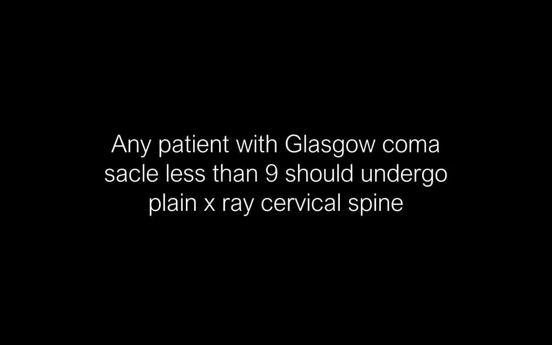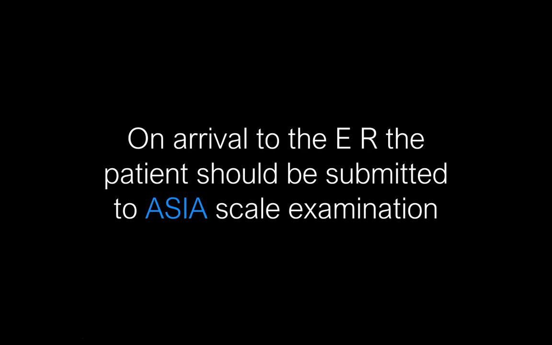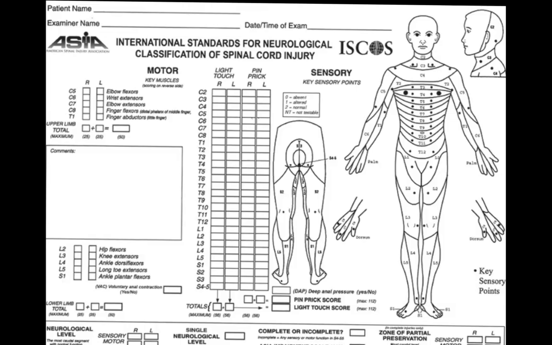Any patient with Glasgow coma scale less than 9 should undergo plain X-ray cervical spine, and on arrival to the emergency room, the patient should be submitted to the ASIA scale examination, which is full examination of the motor system and of the sensory system and the reflexes.